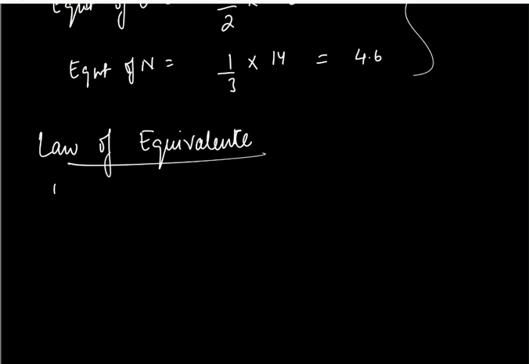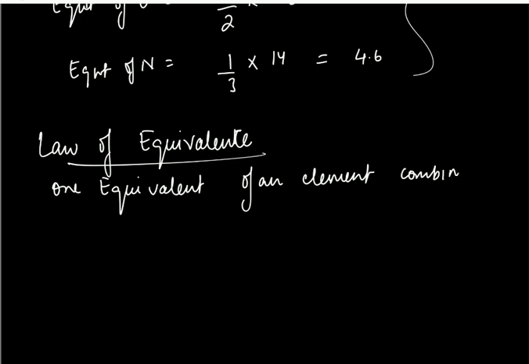So according to this, one equivalent of an element combines with one equivalent of the other. The point over here is that you go back to acid base neutralization, right?